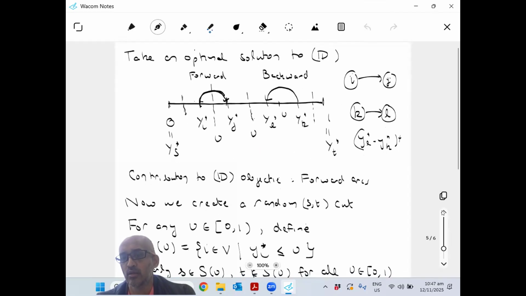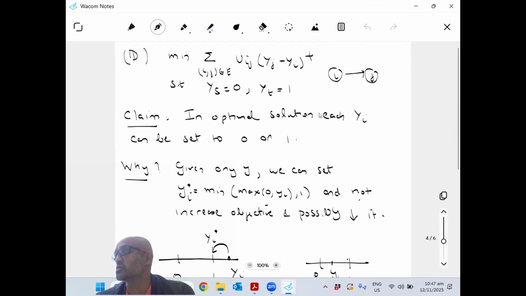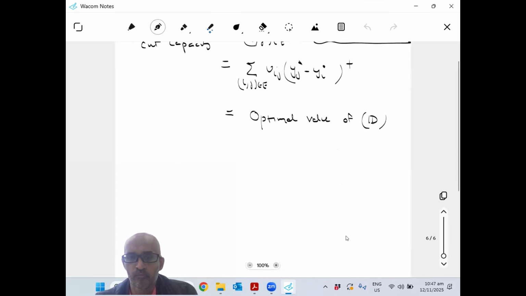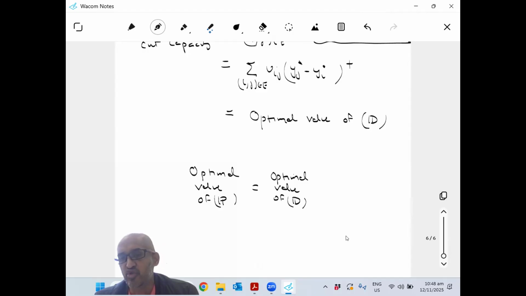When you simplify the dual, this was the dual formulation. Okay? So what have we shown? We have shown optimal value of primal, which is max flow, is equal to optimal value of dual. This is strong duality for LP. We have shown this is less than or equal to the minimum ST cut.